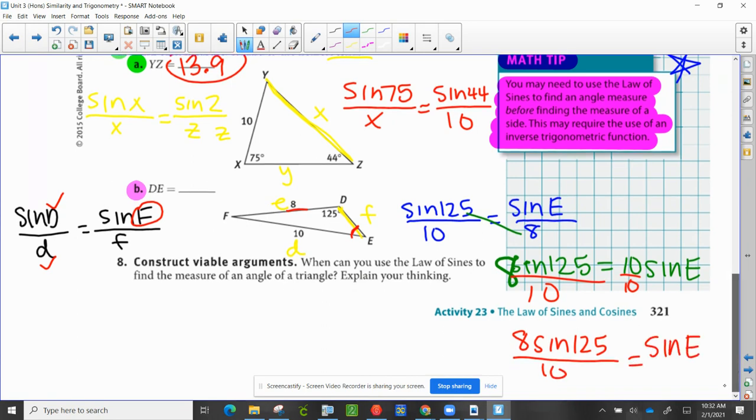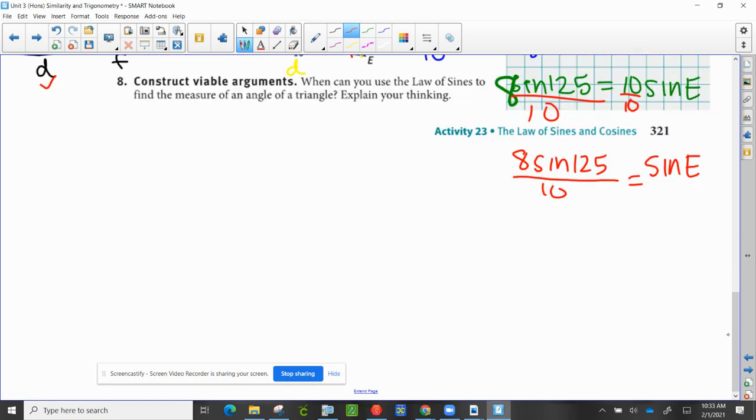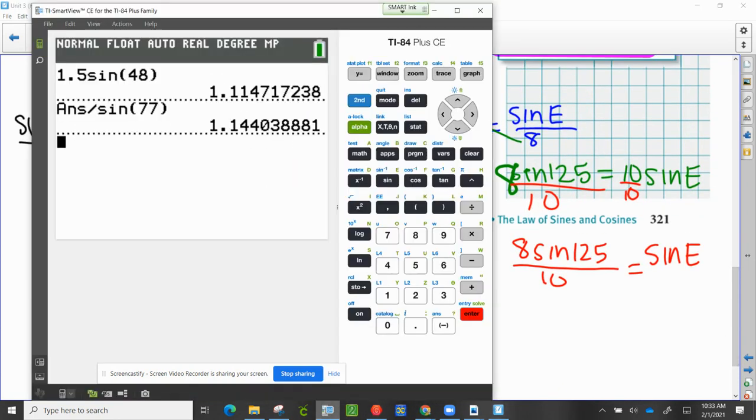Now remember, anytime we're finding the angle measure of something, we have to use the inverse trig function. So let's use inverse sine. I'm going to put this numerator in parentheses, so 8 sine of 125, close the parenthesis, divided by 10. What do we get for E? Let's round to the nearest degree.